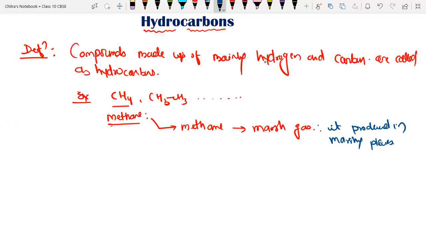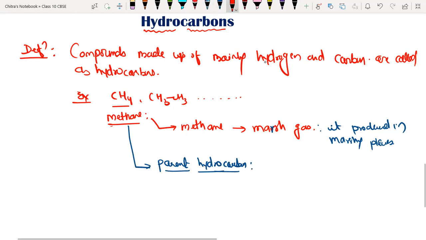So why is it called marsh gas? Because it is produced in marshy places. Yes. It is also called the parent hydrocarbon. Any idea why methane is called the parent hydrocarbon? Because all other hydrocarbons can be derived from methane only.